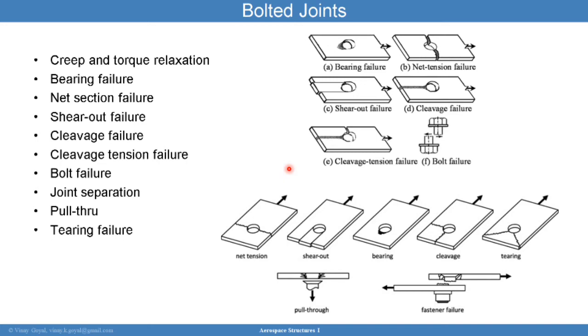Bolted joints can experience bearing failure mode. And what is bearing failure mode? Bearing failure mode is a failure mode where the bolt is pushing against the material surrounding that bolt, and the bolt is reacting the forces, the external loads. And so the bolt is pushing against this material, and the material ahead of the hole is getting compressed.